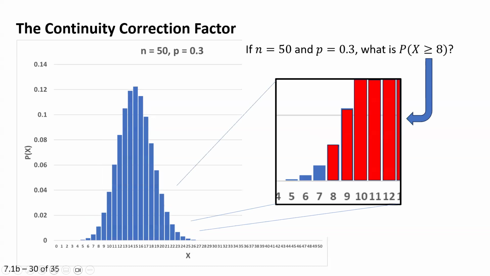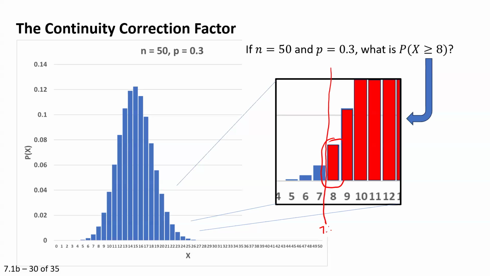So if I blow this up, what is the probability that x is greater than or equal to 8? I want to include all of this bar here. And so in reality, my cutoff point isn't going to be at x equals 8.